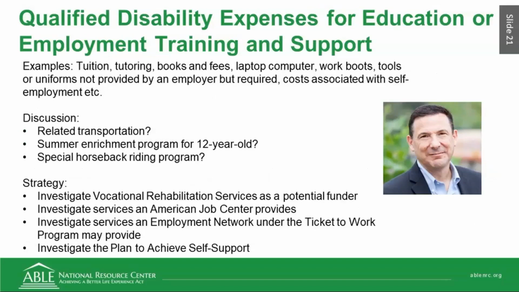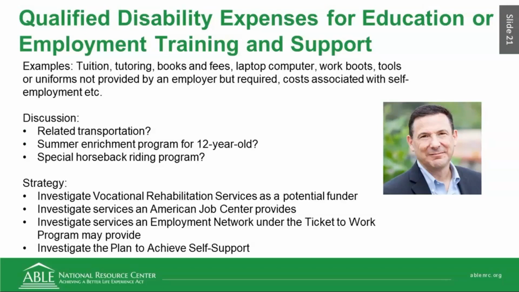Okay, qualified disability expenses for education or employment training and support. And this list of examples, this is not the IRS list. This is not SSI's list. This is the Jim and Miranda list.